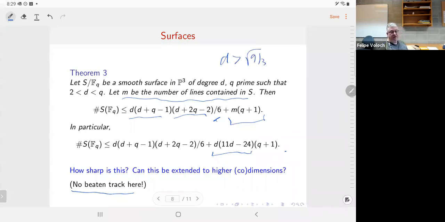So in this range, this bound here is better than what you get from them. So it's an interesting bound.